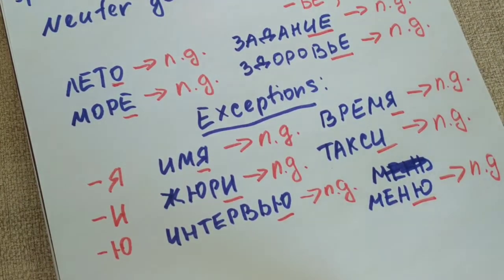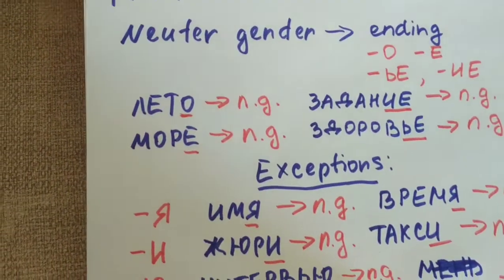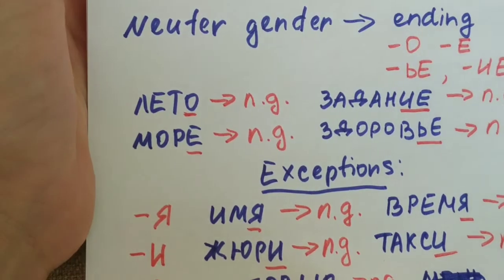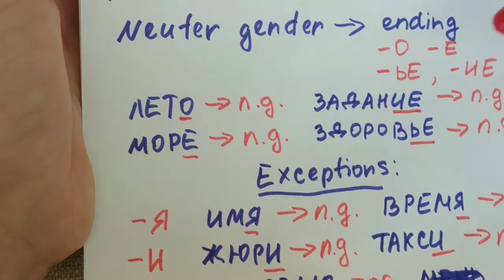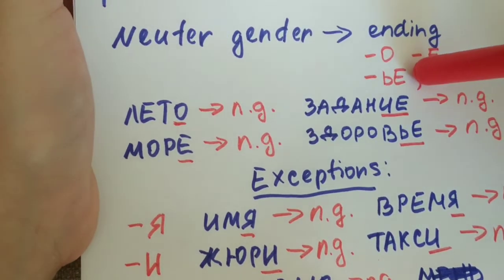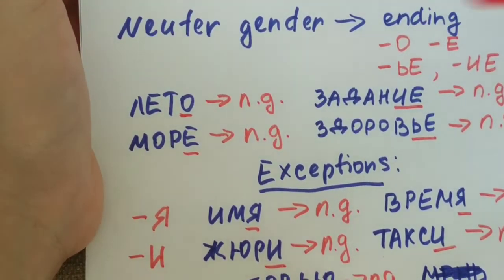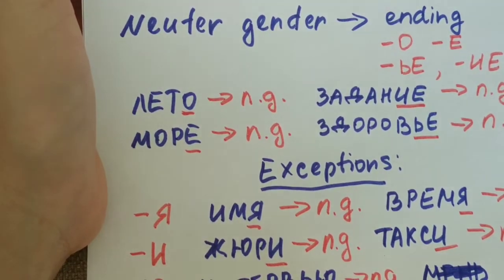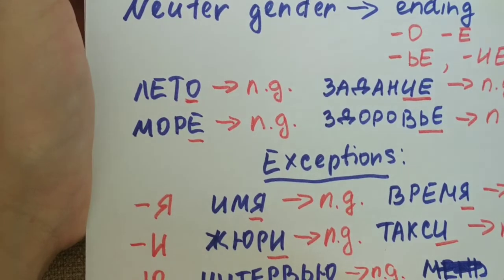So let's take a look again at the rules that we've learned today. We know that when a noun is ending in o, ye, or a combination of the soft sign plus ye or e plus ye, then these nouns are of a neuter gender. But of course, there are some exceptions.